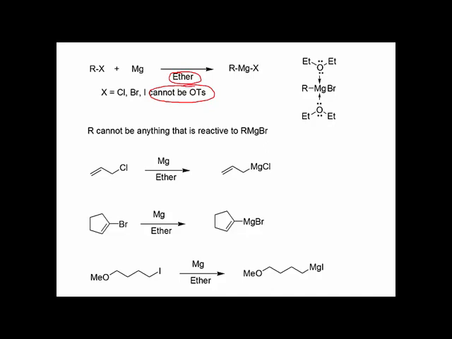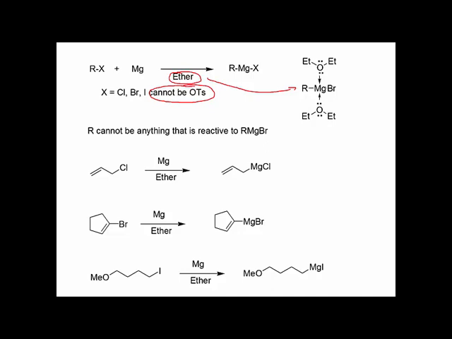And the R group cannot be anything that's reactive to a Grignard reagent. It's almost always done in ether because the magnesium complexes to the oxygen lone pairs in ether groups, and that tends to stabilize the Grignard reagent a little bit.